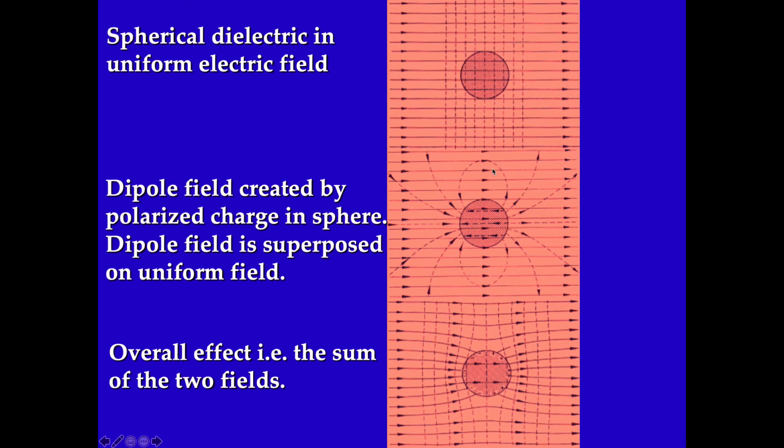So the second figure shows the dipole that's created. So you have a dipole field and an electric field. The last figure shows the sum of the two fields. Notice that the field lines inside the dielectric sphere are less than those outside.